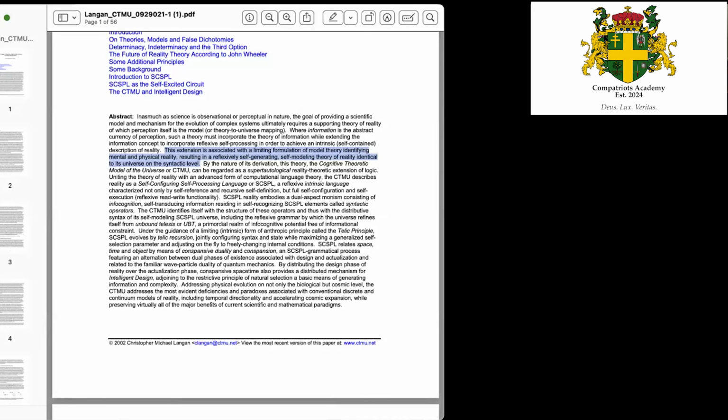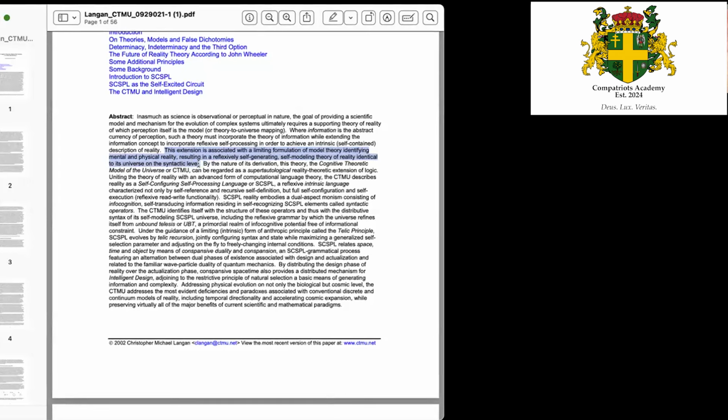That still will only get you off by a couple thousandths of a percent, depending on what it is. So basically, classical physics is a limiting formulation of relativity: at low velocities, relativity and Newtonian physics have the same predictions. They say force will always be equal to mass times acceleration, and we'll have a predictable velocity, acceleration, and so forth. So the CTMU is a limiting extension of model theory.